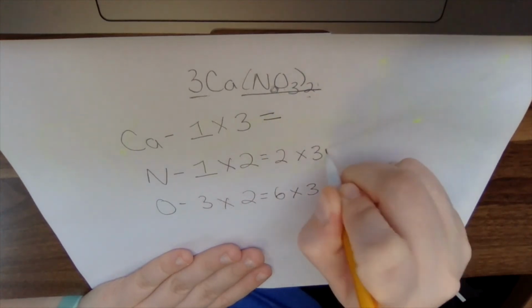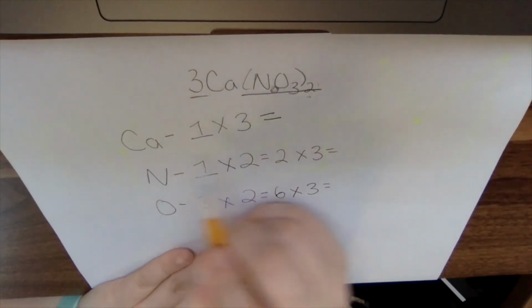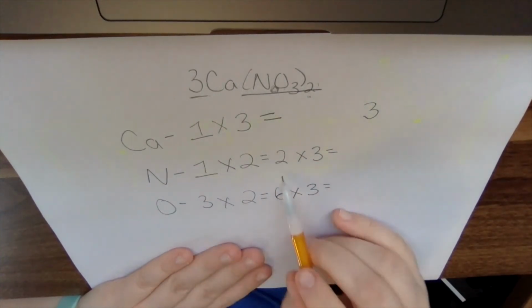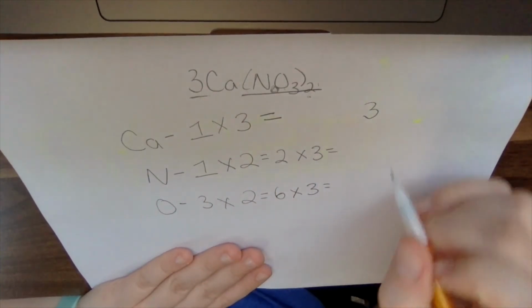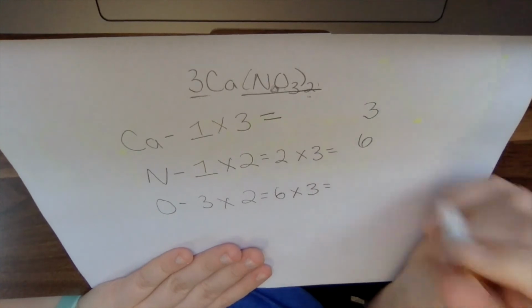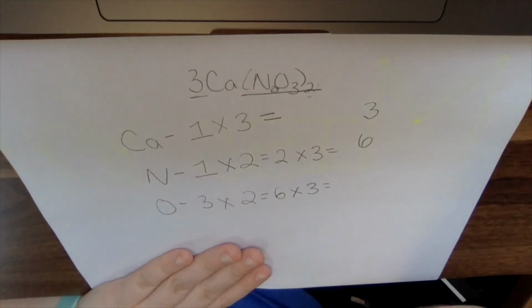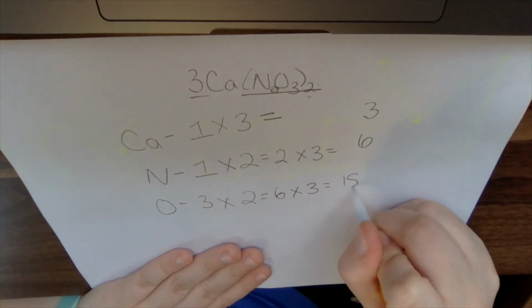So the numbers that we have now, for calcium, 1 times 3 is 3. For nitrogen, 2 times 3 is 6. And then for oxygen, 6 times 3 is 18.